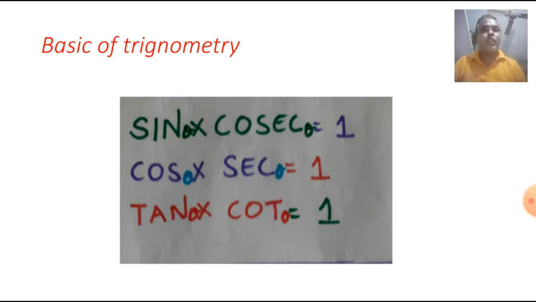That is second ratio into fifth ratio is equal to 1. Thirdly, tan theta into cot theta is equal to 1. That is third ratio into sixth ratio is equal to 1. These are basic rules of trigonometry. These are like formulas also. We have to remember them to perform the trigonometric problems.